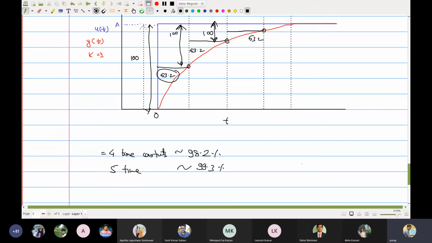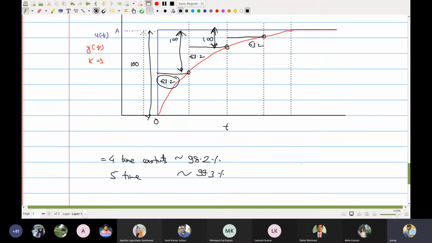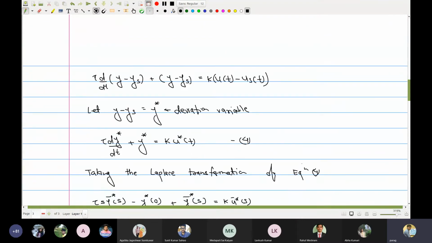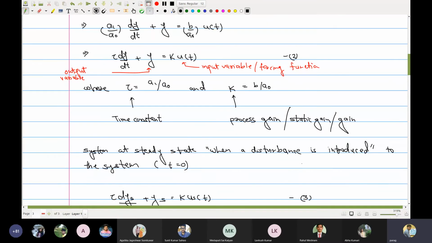new steady state, well, you need to know the time constant and you don't need to do any experiment then. You just write the governing equation, and from the governing equation straight away you will see that the ratio A1 by A0, this is the time constant. This is the ratio.